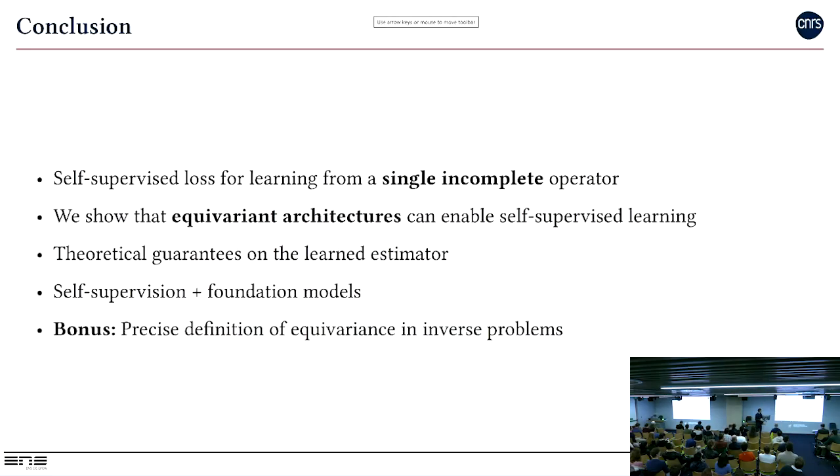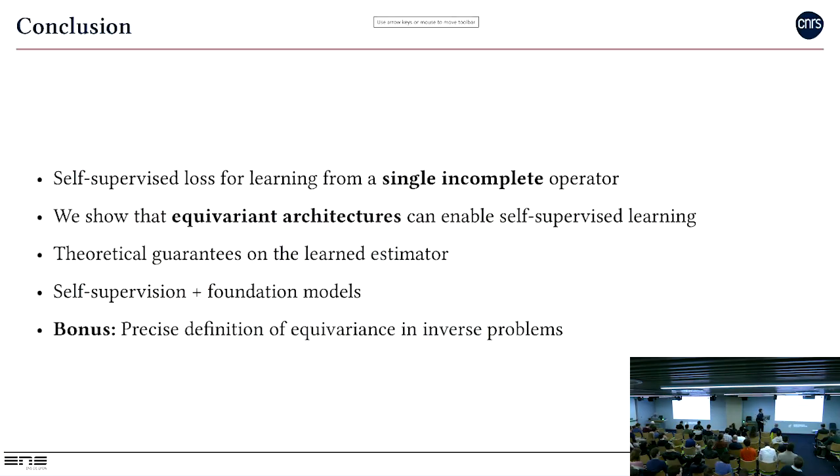So to conclude my talk, I spoke about how to do self-supervised learning with data coming from a single operator. And I showed you that the equivariant architectures actually are useful here and go beyond the typical usage of equivariance, which is just generalizing to unseen transformations. Here it's giving you information and discovering things in the data that you would not otherwise.